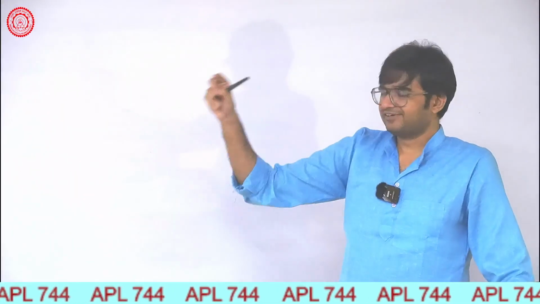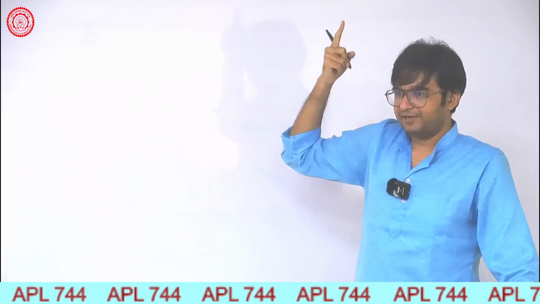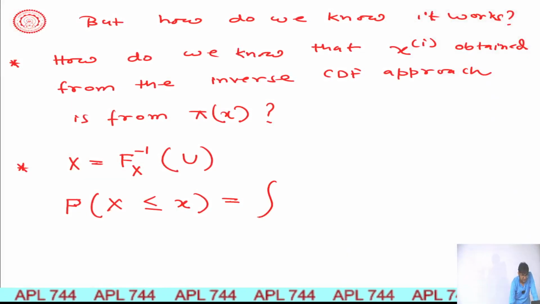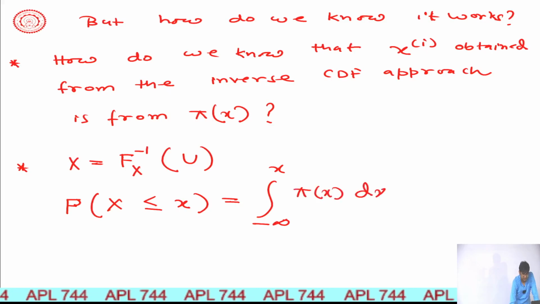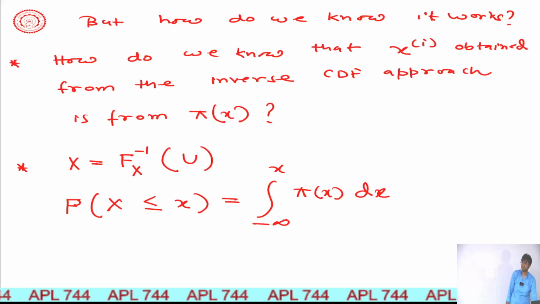What is this quantity first of all? CDF. And how do you write it down? Integration minus infinity to x of fx dx. So this is equal to integration minus infinity to x, fx is my pi x, dx, right? Correct?